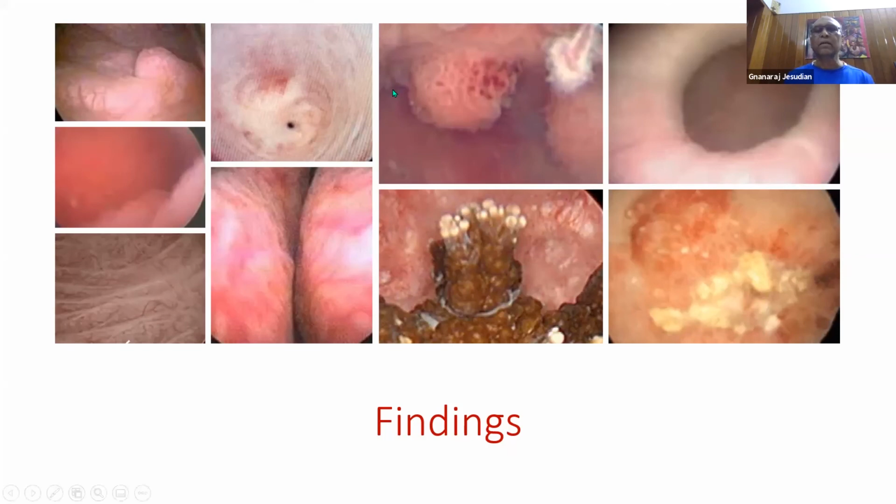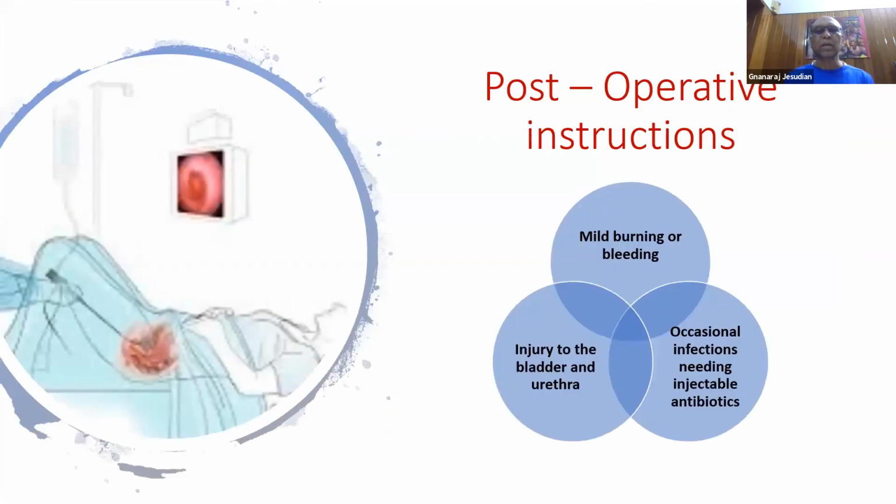And then this shows transitional epithelial carcinoma or cancer. Then there are stones, tuberculosis, prostates, hypertrophied muscles. There is a hole in the bladder through which urine leaks into the vagina. This is a saccule and so on. A variety of abnormalities can be found using the cystoscopy.